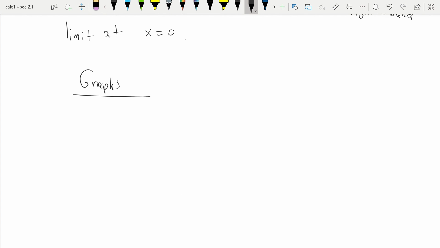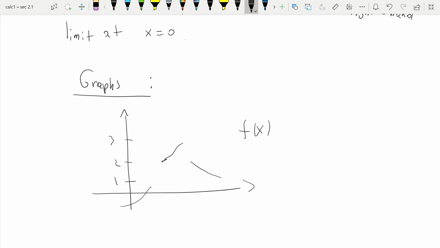This is a kind of graph question, so I'm drawing some information from the graph regarding the left and right hand limits of a function. Suppose this is the function f.